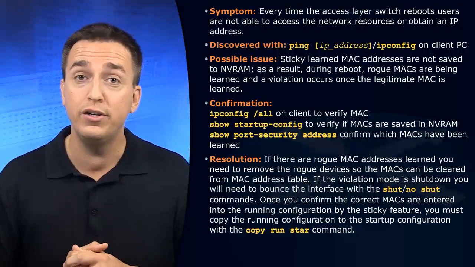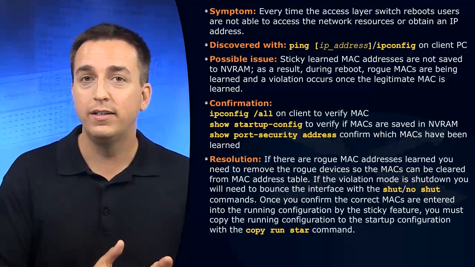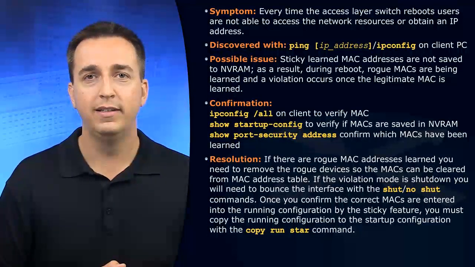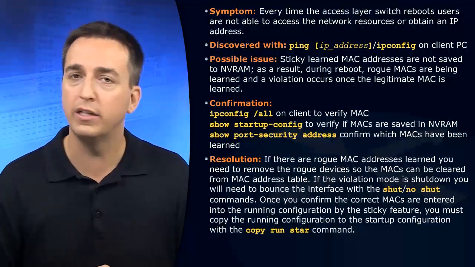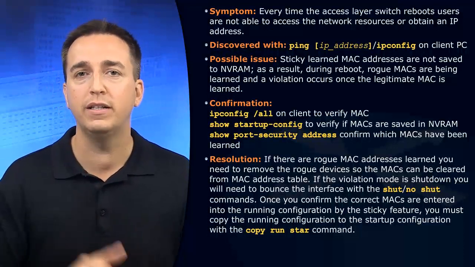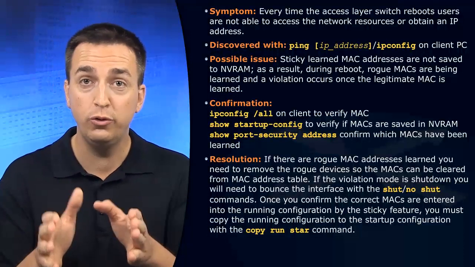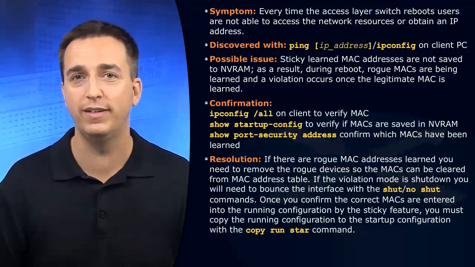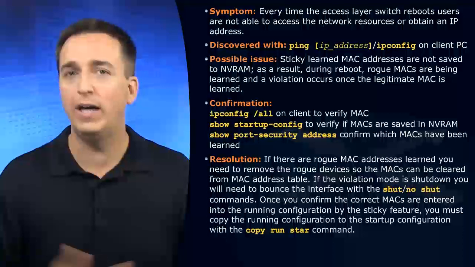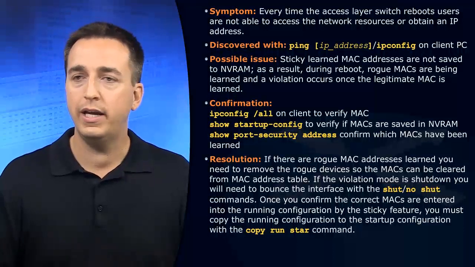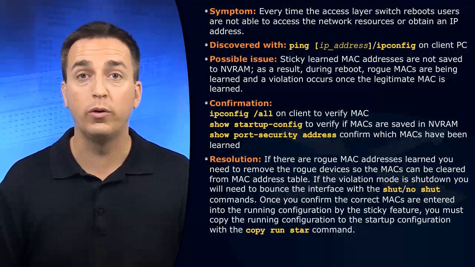Another issue you might run into is that you forgot to save those addresses that were put in the running config. That's right. Just because they're in the running config doesn't mean they're preserved or saved to NVRAM unless you do a copy running config startup config. Why is that an issue? Well, let's say you have the PCs connected to the ports.